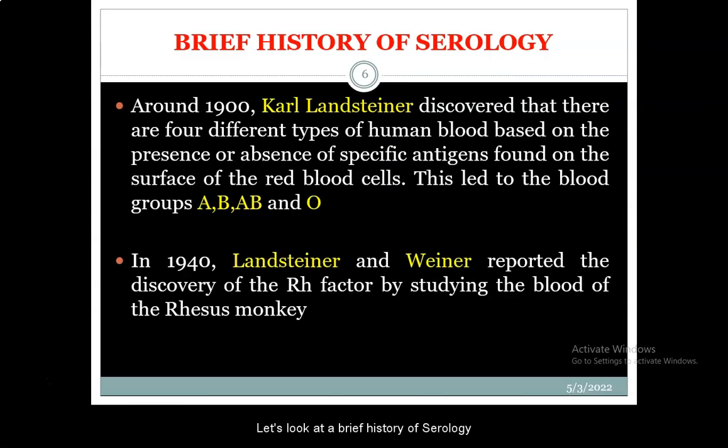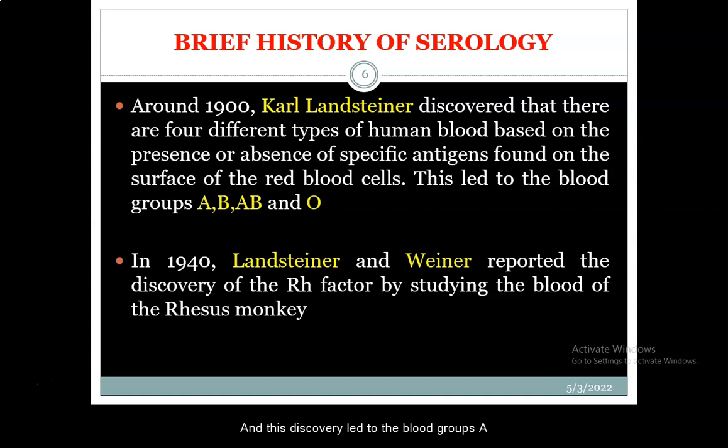So let's look at a brief history of serology or analysis of body fluids. Around 1900, Karl Landsteiner discovered that there are 4 different types of human blood based on either the presence or absence of specific antigens found on the surface of the red blood cells.